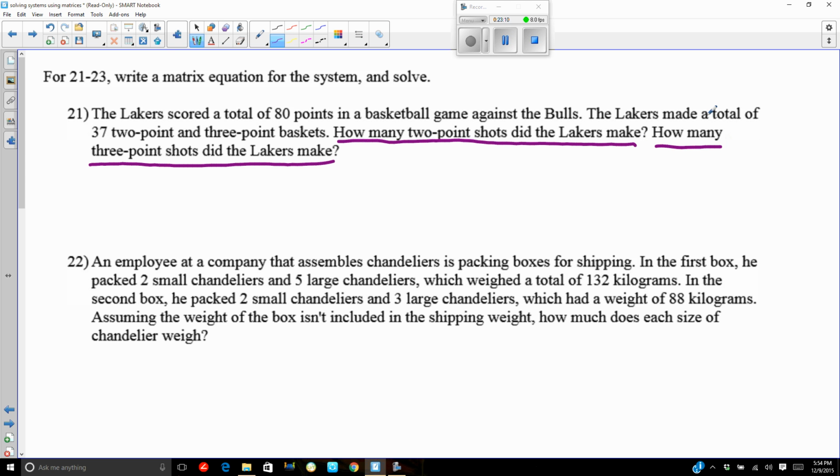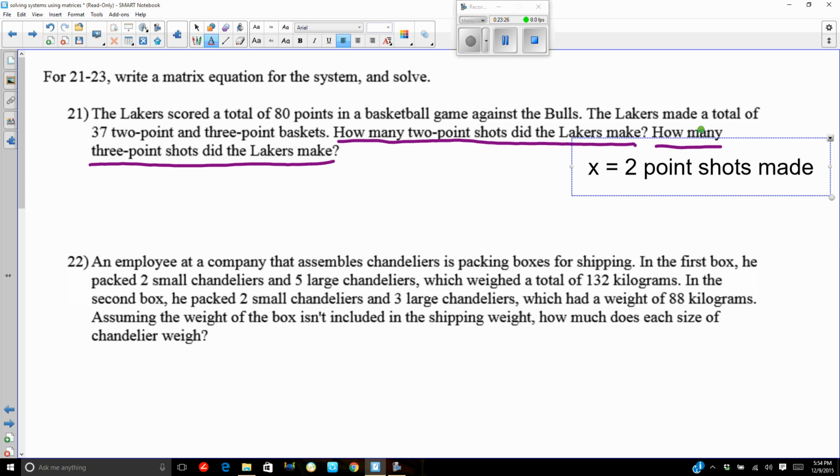That first question says, how many two-point shots did the Lakers make? Since that's the first question, I'm going to make that my X variable. My X variable is going to be 2-point shots made. The second question is how many 3-point shots did the Lakers make? So Y is going to represent the 3-point shots that are made.